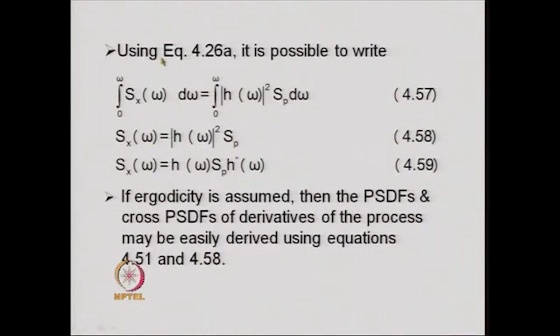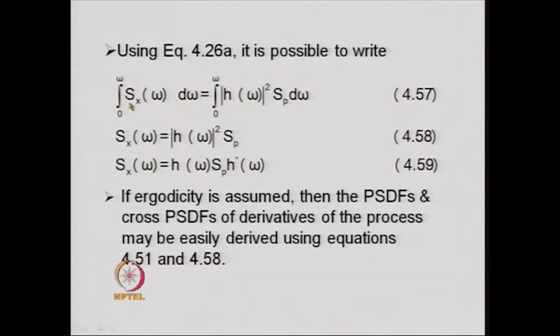Now, since the mean square value of the response can also be written as 0 to omega Sx(omega) d omega, here instead of integrating up to infinity, we integrate up to a finite frequency, after which the value of Sx becomes 0.